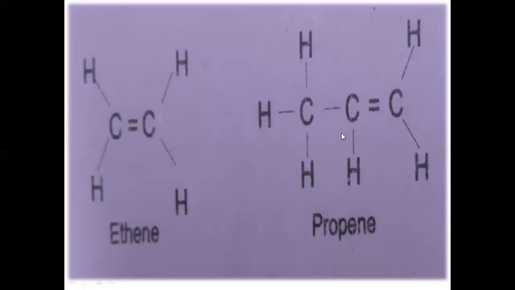Prop for 3 carbon atoms, and ene, meaning at least one of the carbon-carbon bonds is a double bond. So you can see 1, 2, 3, 3 carbon atoms, and one of the bonds is a double bond, the rest are single. But I told you that the presence of at least one double bond is compulsory. So the name of this compound is propene, prop for 3 carbon containing hydrocarbon.